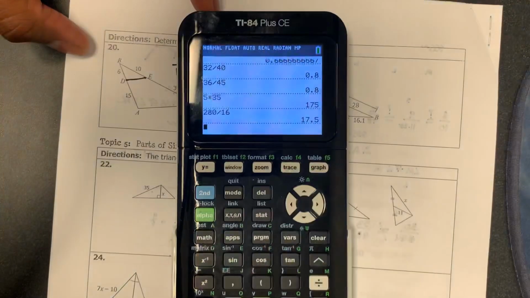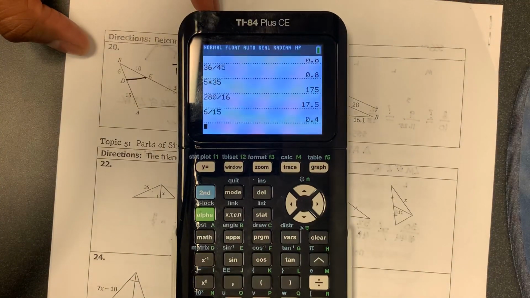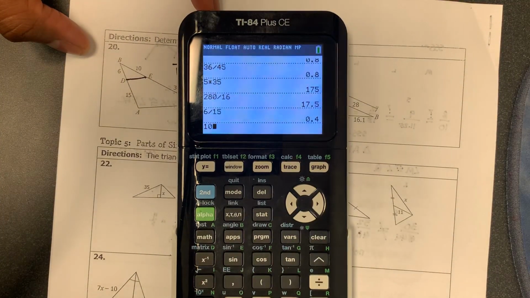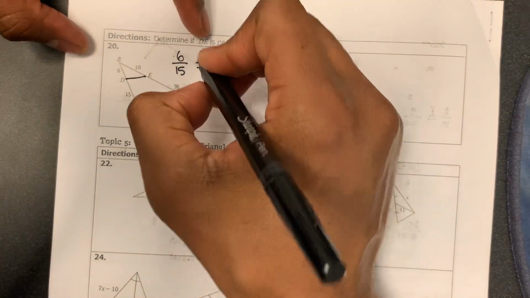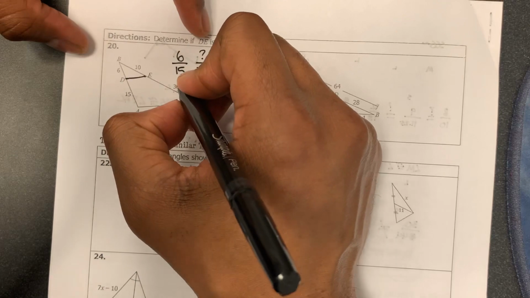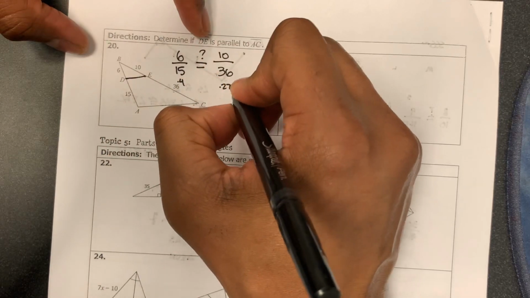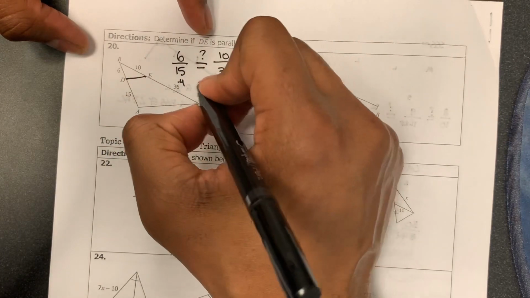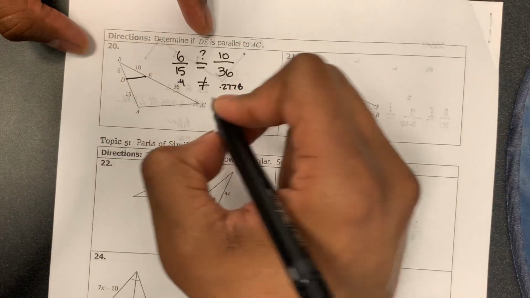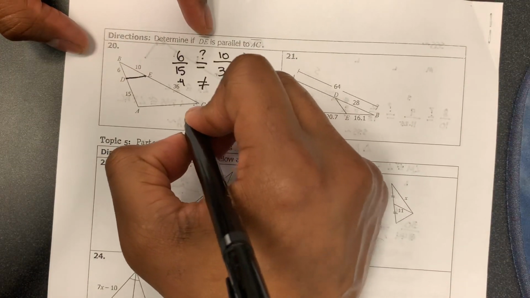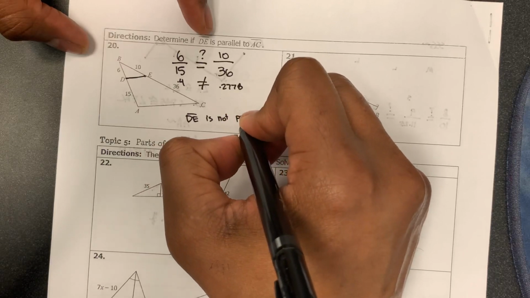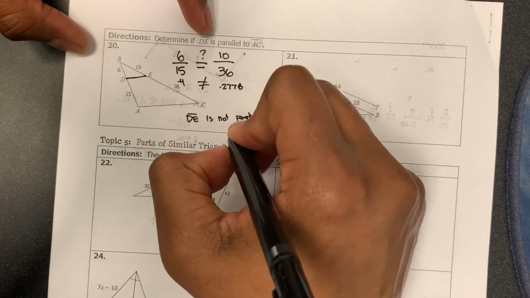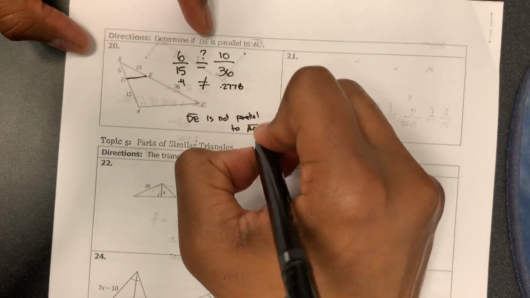Let's find out. 6 divided by 15 is 0.4. 10 divided by 36 is 0.277, we'll say 8. So these are not equal. So DE is not parallel to AC.